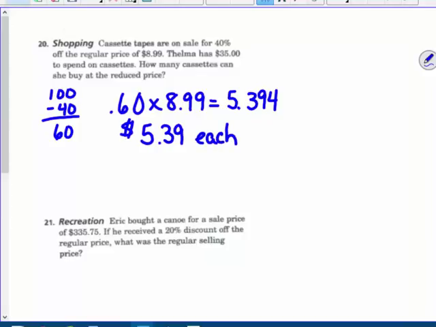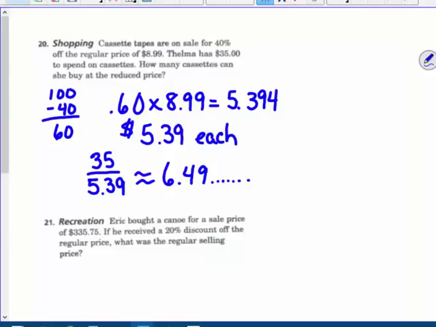I have not answered the question. How many cassettes can she buy if she has $35? So $35 divided by that $5.39 for one of them comes out to be approximately 6.49, and then there's a whole bunch of other places, which is not going to round up to 6.50.